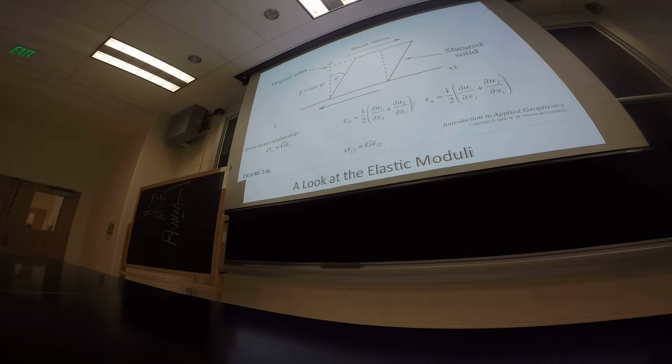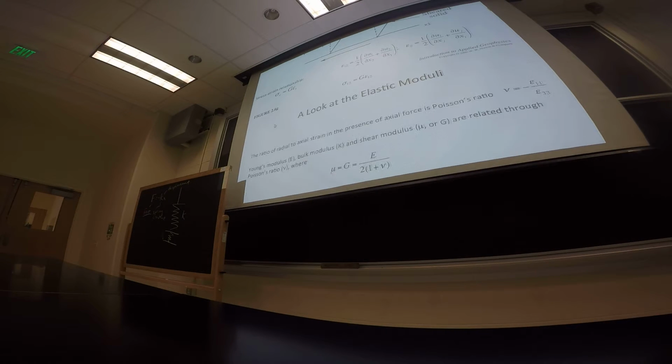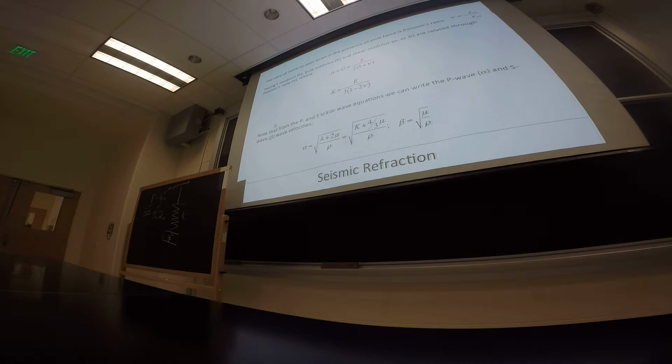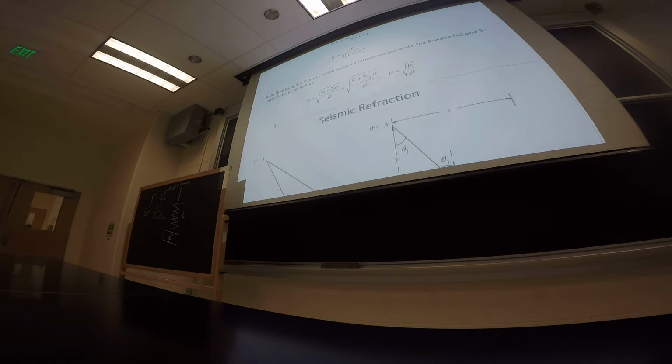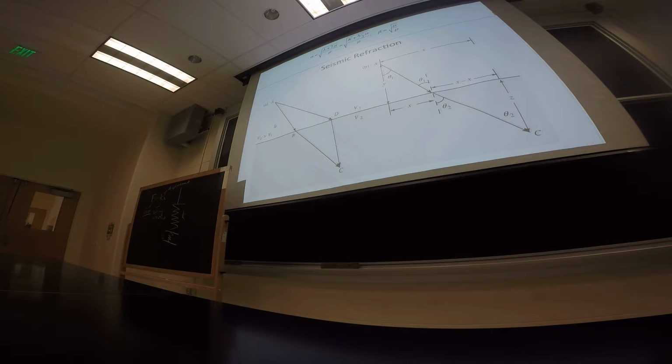And when we derive a wave equation for a solid, one of the big components is using Hooke's law. I'm not going to go into the details of how we derive the wave equation, but I will go to this equation right here at the top.